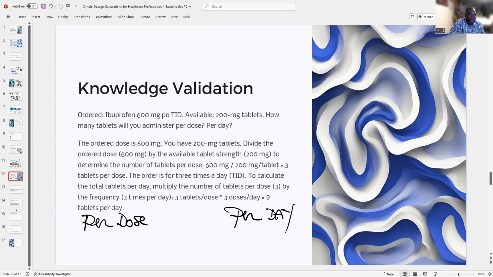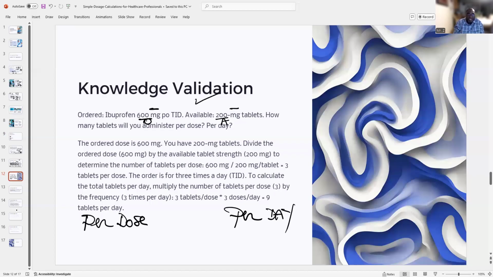Anytime you're solving for tablet or capsule, the quantity is always going to be 1. But when you're solving for milliliter, the quantity is going to be expressed in mL. This one is your order, and that one is your available. You have to make sure milligram and milligram, you check them off. If this was a milligram and over there was a microgram, you would have to convert.